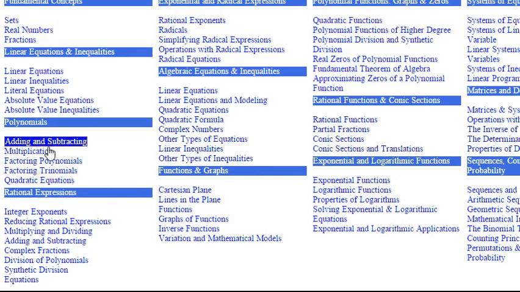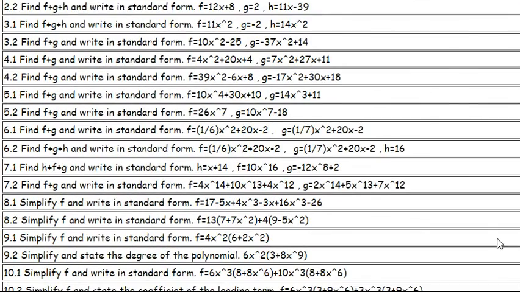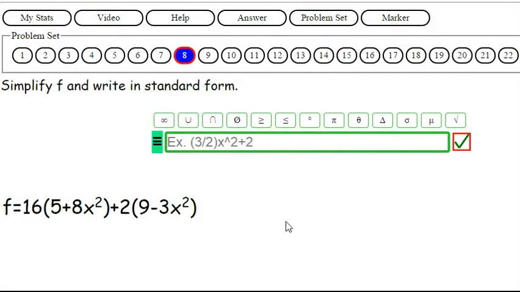Let's click Algebra. Little inside bit there for you. And we're doing 8.2. Okay, so let's go ahead and do this in our head here. Actually, this is what I'm going to do. Click Answer. Yeah, we're going to cheat.